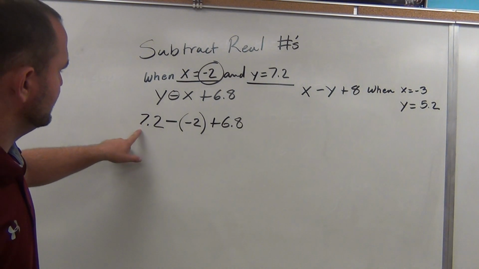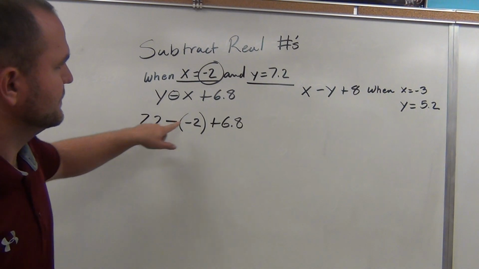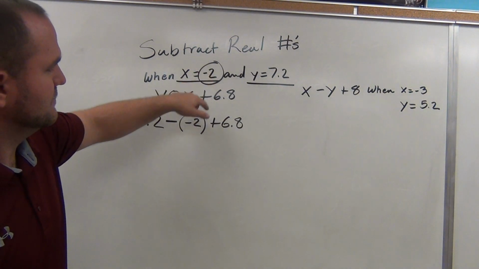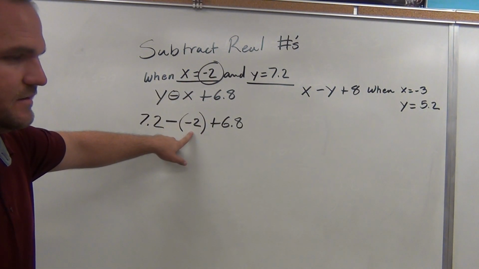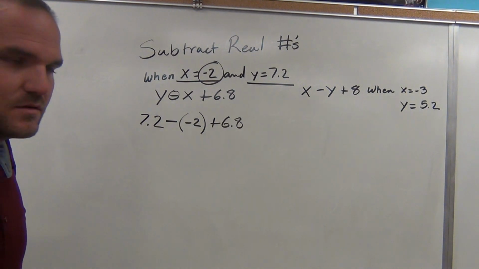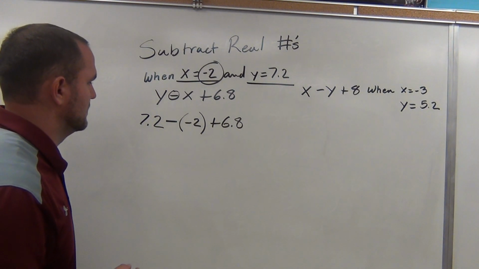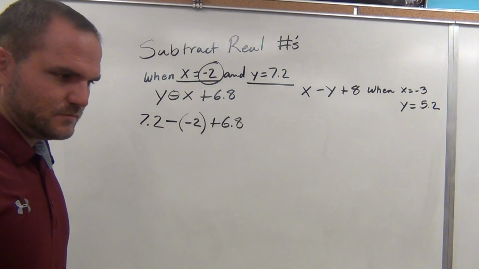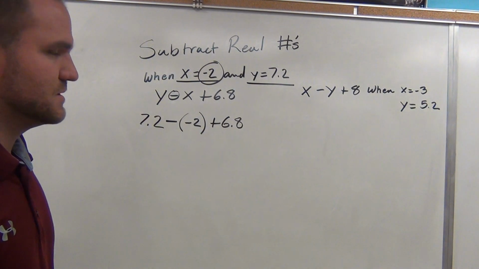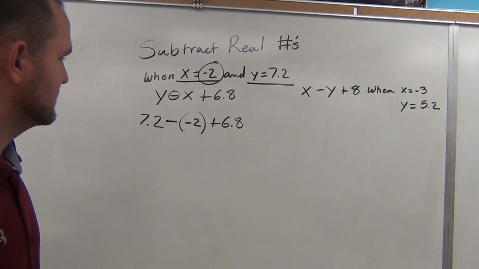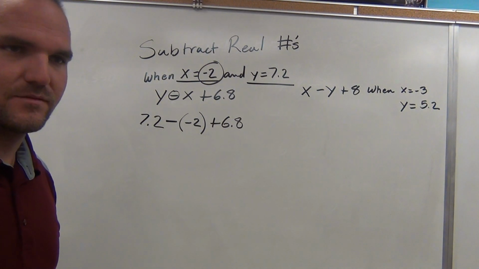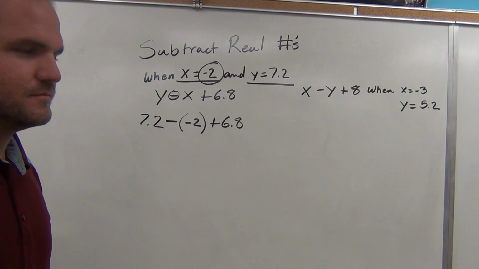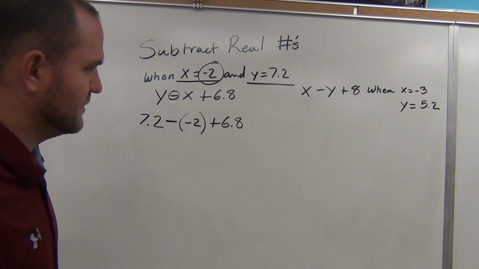So we changed the y to 7.2 because y is equal to 7.2. We changed our x to negative 2 because x is equal to negative 2. And so we can substitute in those numbers. Now, in my last video of the basics of subtracting real numbers, I called it the keep-change rule, or whatever else I've heard.